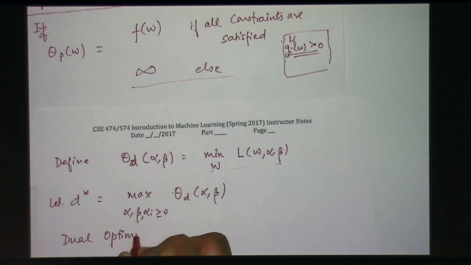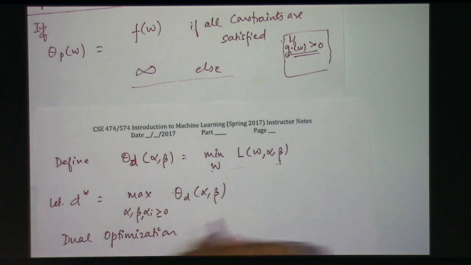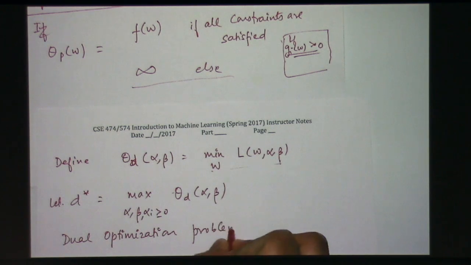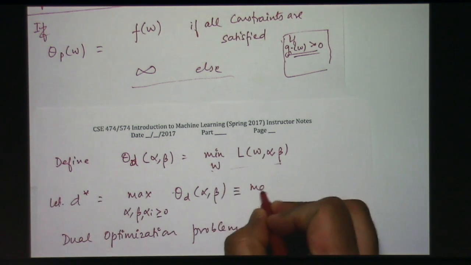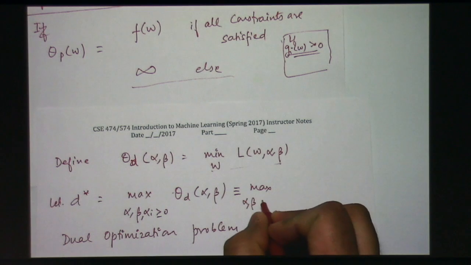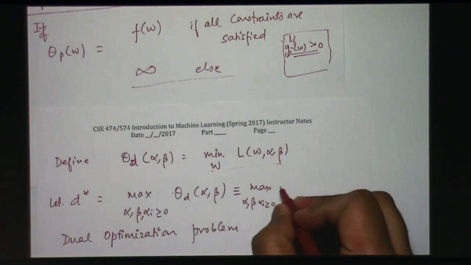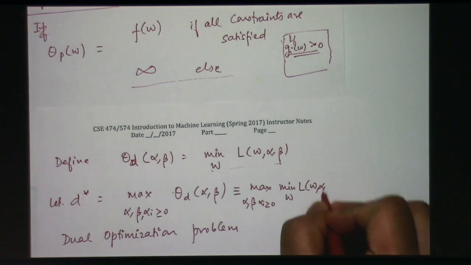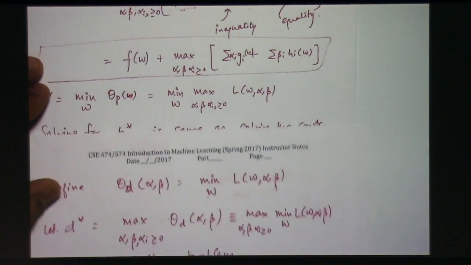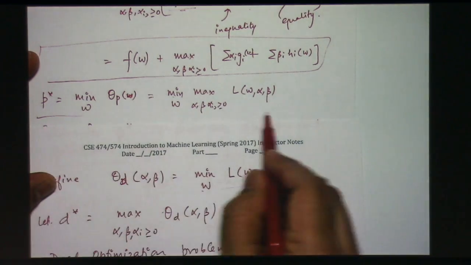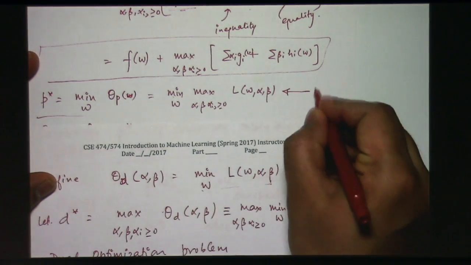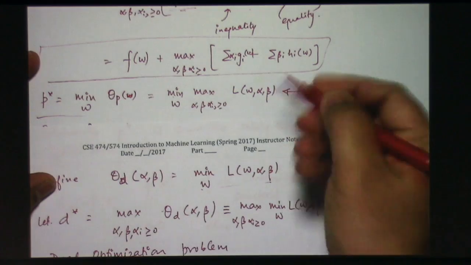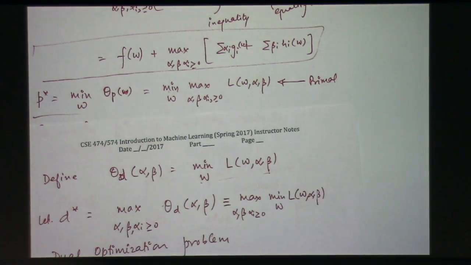So the first one is what we call the primal optimization problem, because this is the same as the max over alpha, beta, with alpha_i greater than or equal to 0, of the min over all w. So here is the difference. This is what we call primal, because, as I showed you earlier, it is the same as solving the original problem.